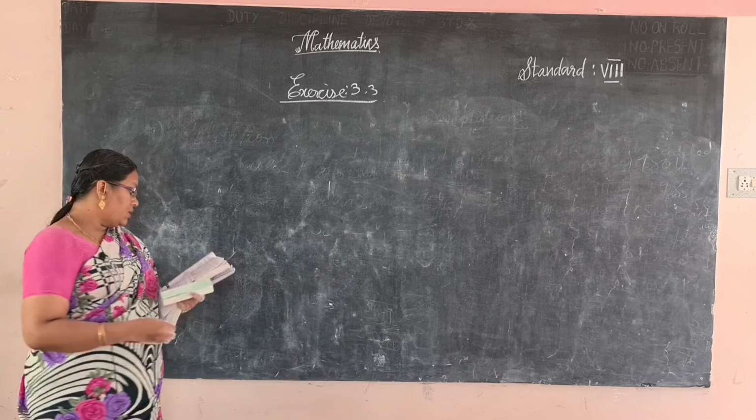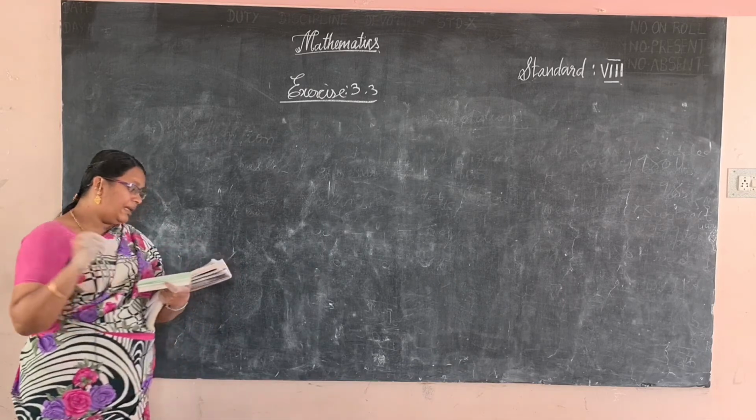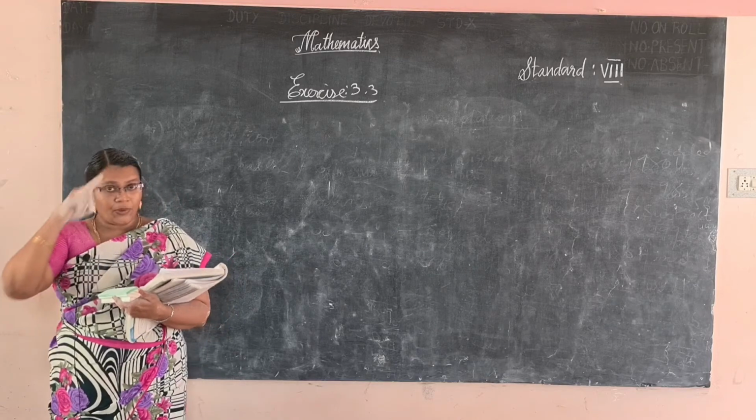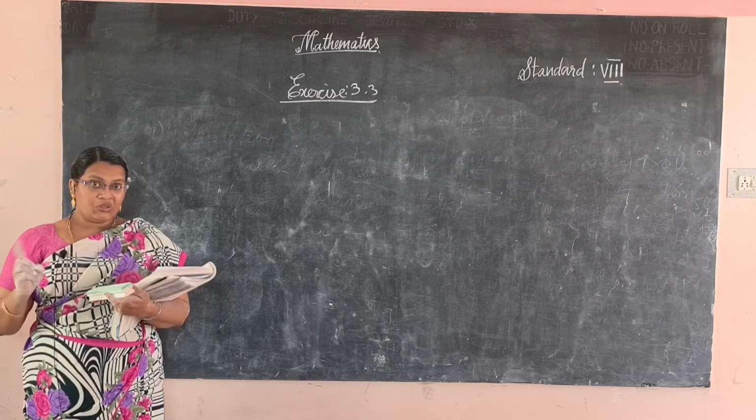So using the Pythagoras theorem, find the length of the hypotenuse side. The hypotenuse is the greatest of the sides compared with the other two.